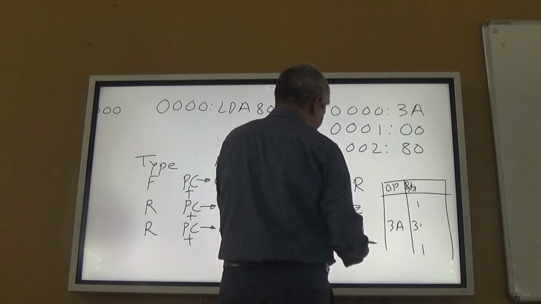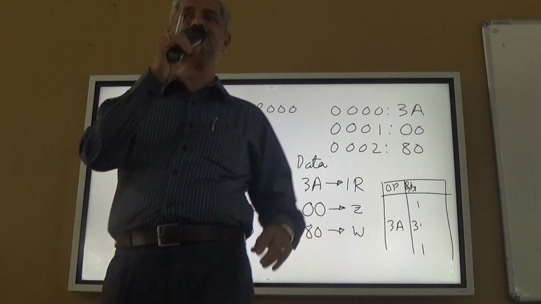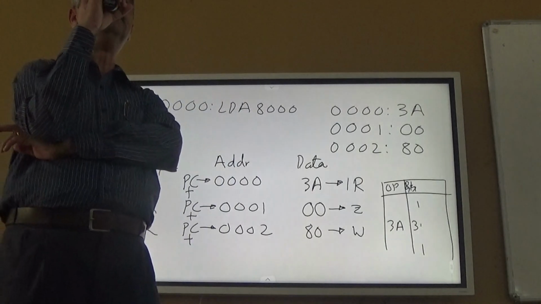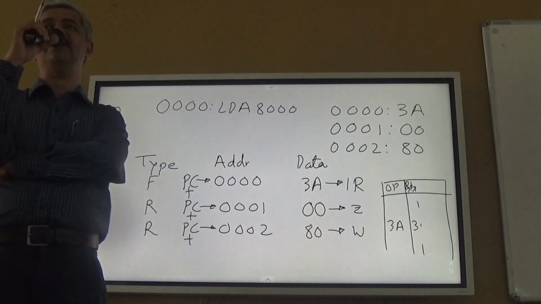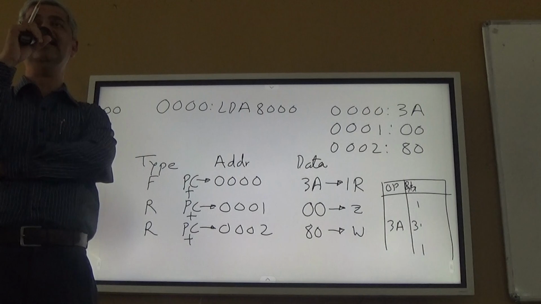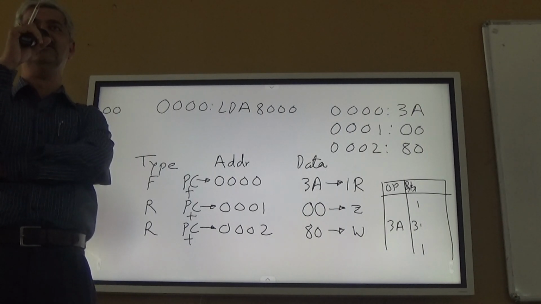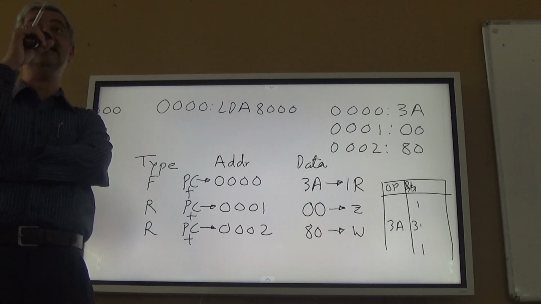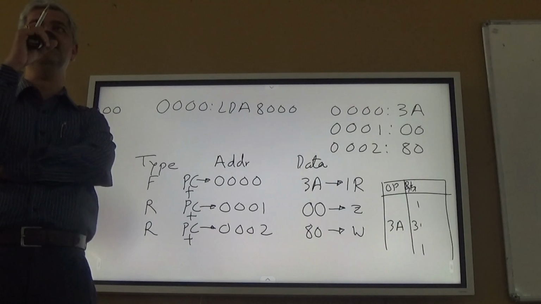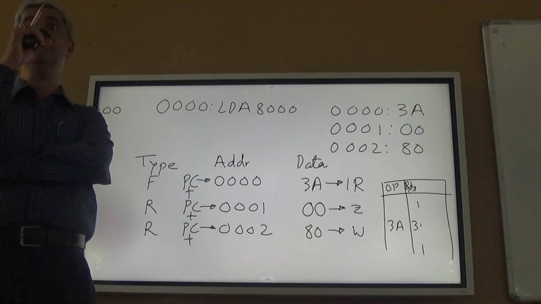So at the end of 3 machine cycles, what is the state of 8085? It has read the complete instruction LDA 8000. It has read the complete instruction. That means I gave the lecture, you listened to all of it, what next?